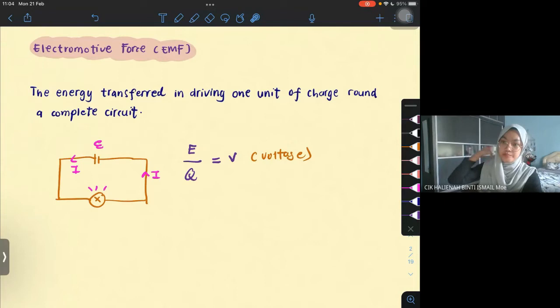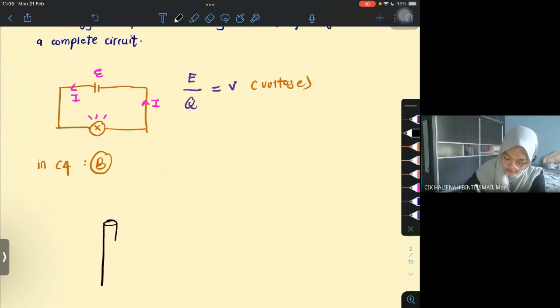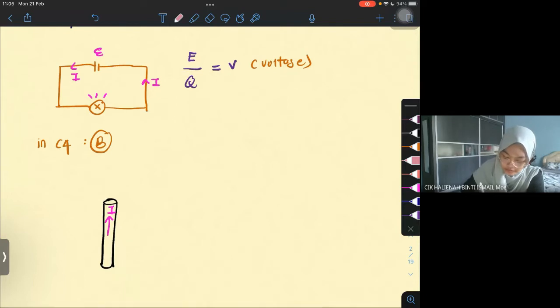In chapter 4, we learn about magnetic field. Okay, di mana when we have a conductor carrying a current, conductor tu mesti carry a current, and then we can observe that this current will produce magnetic field around the conductor.